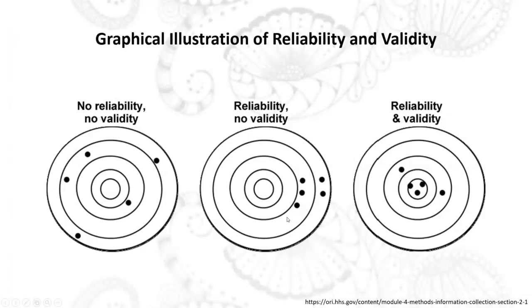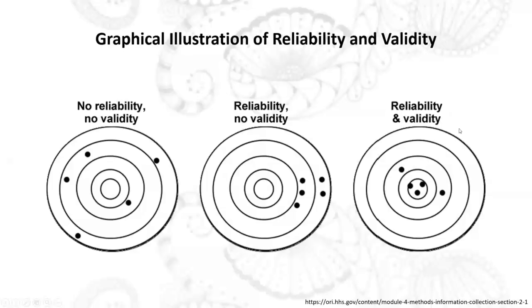Why? Because the dark spot is not at the central, so it is not valid. But why do we say it is reliable? Because all the dots appear in a specific region each time. So this person is reliably focused on a specific region, but it is not in the correct location.